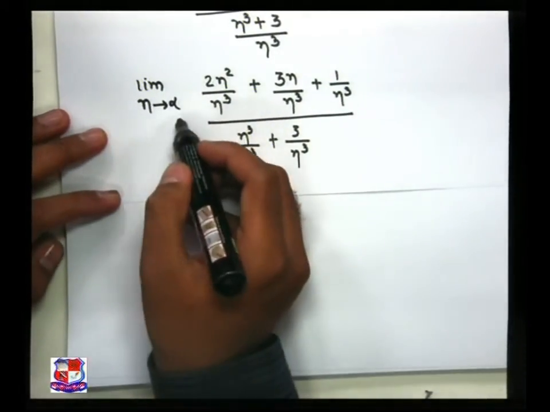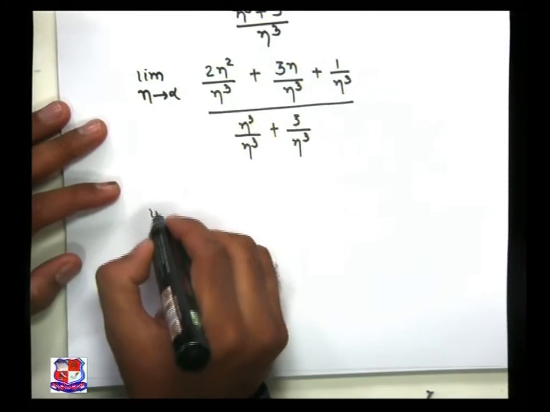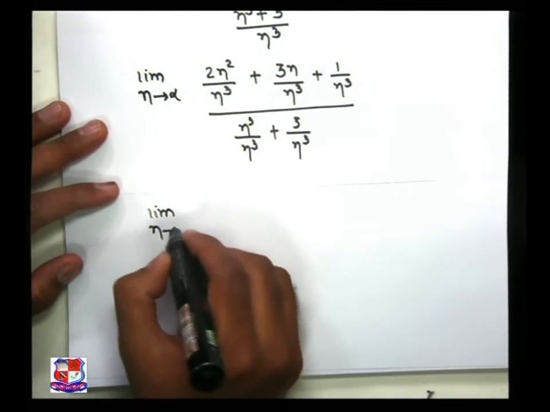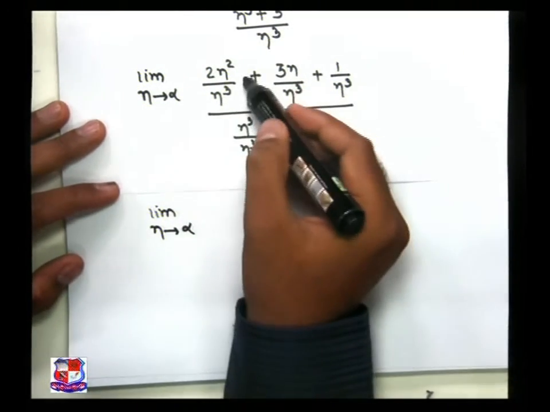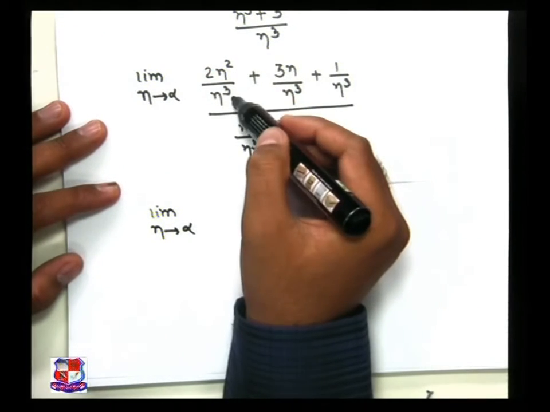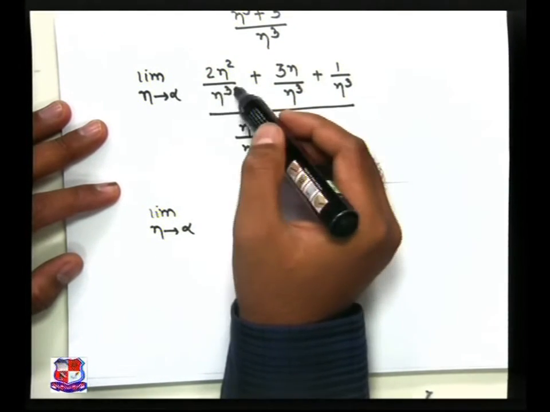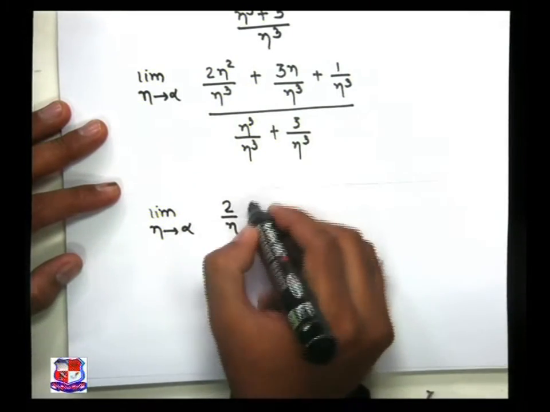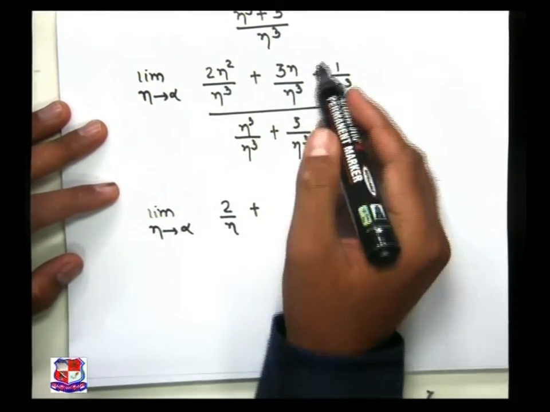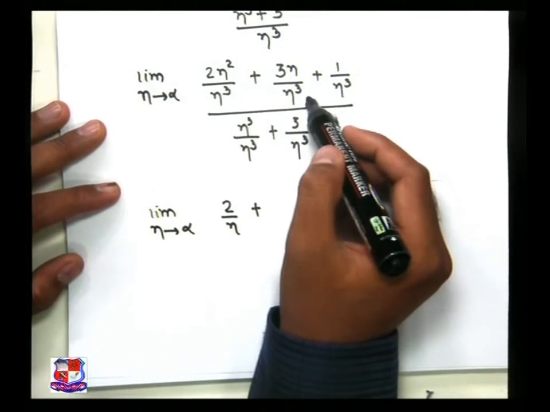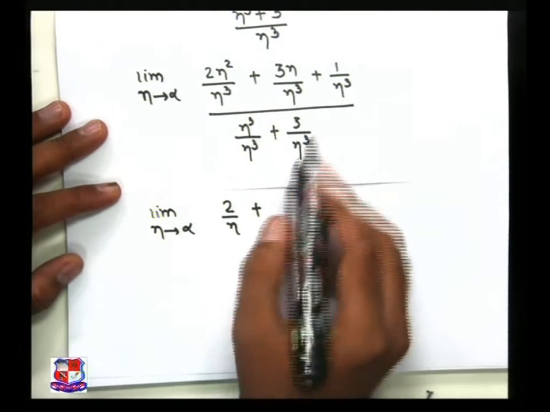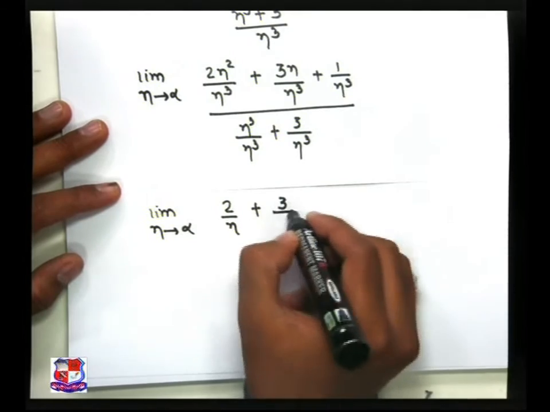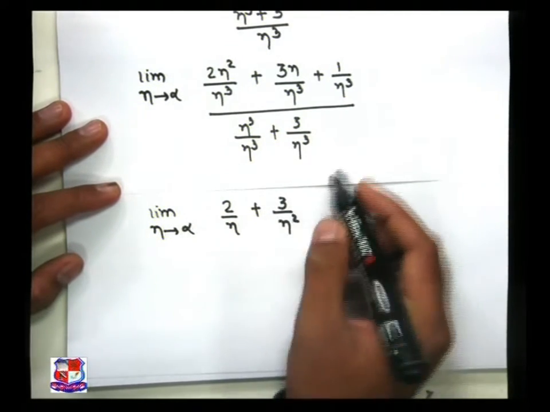Here limit n tends to infinity as it is. Here n square and here n cube, so 1 n remains in the denominator, and that becomes 2 by n, plus the next value as it is. Here n cube, so in the denominator n square remains, that is 3 by n square.